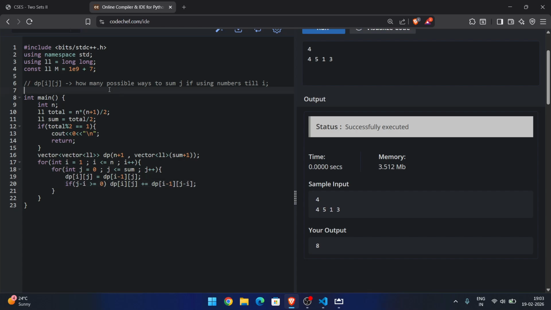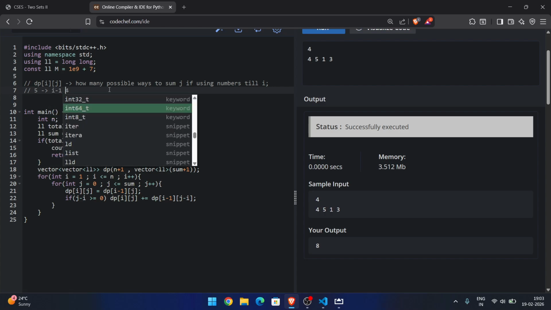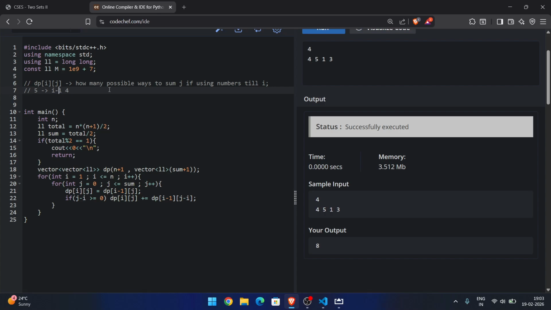So if the current sum we are looking at is 5, we have to find how many ways we can get 5. If the current number is 1, we search in i minus 1 for 4, because we are taking this element. So we see how many ways it was possible earlier to make 4. So i minus 1 and 4, that's why we subtract it from here.